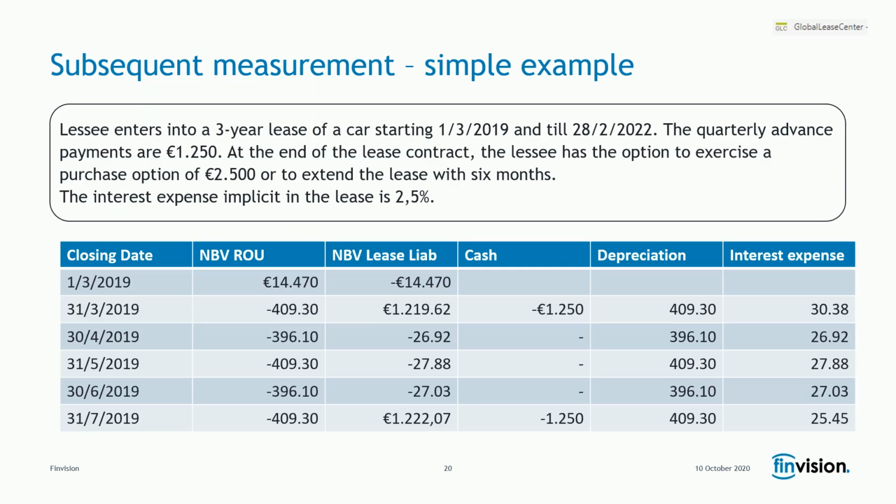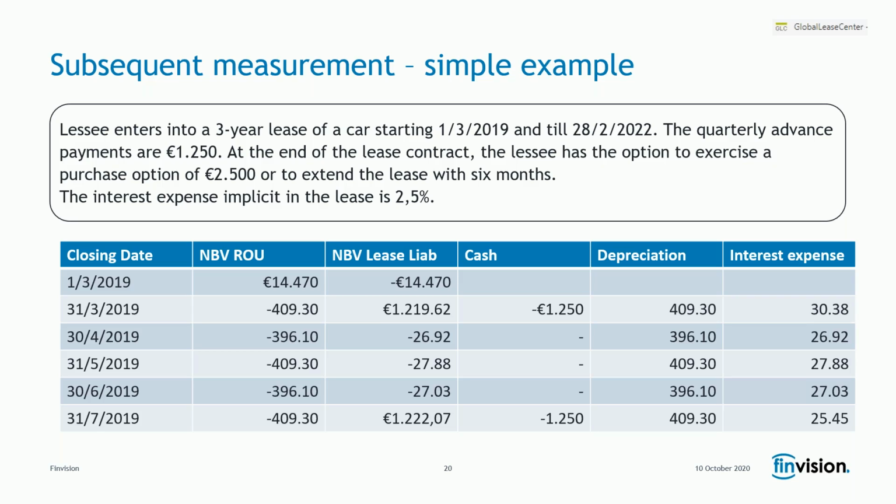Okay, so let's see an example here. The lessee enters into a 3-year lease of a car, a very standard, very simple one, for 3 years from 1st of March until the 28th of February 2022.